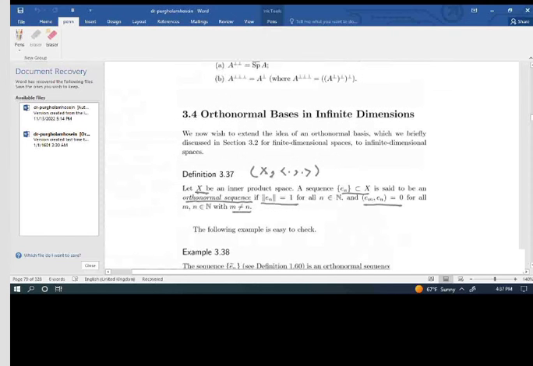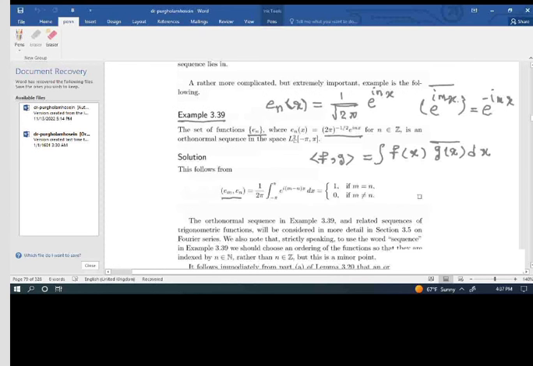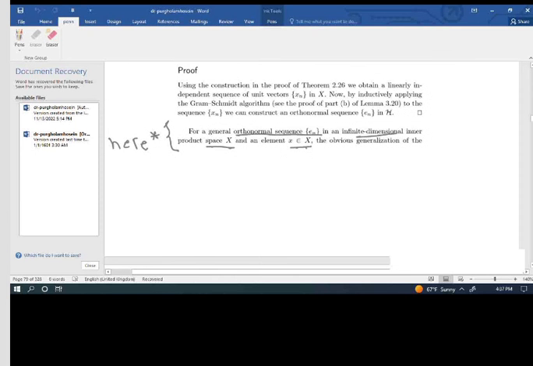Orthogonality, okay, we studied this section 2.